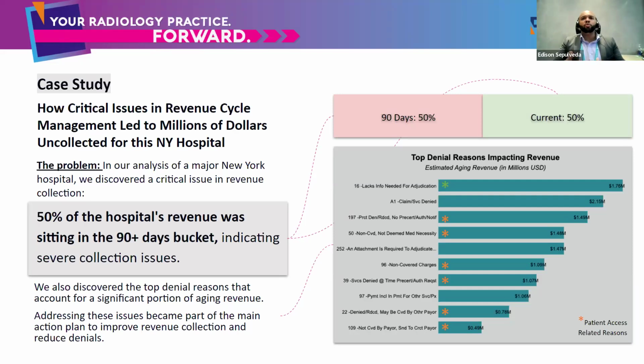As I mentioned, once we analyzed that ATV report, there were significant issues related to patient access that were impacting the RCM team. And they were not able to process all of the denials in time. And this was affecting how much they were able to collect as they were approaching the filing submission timeline that we typically see.